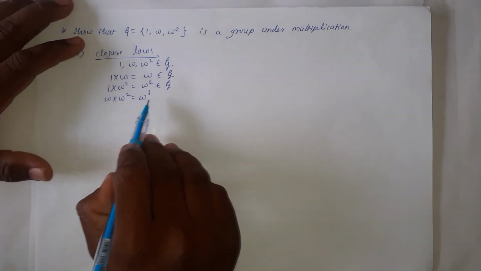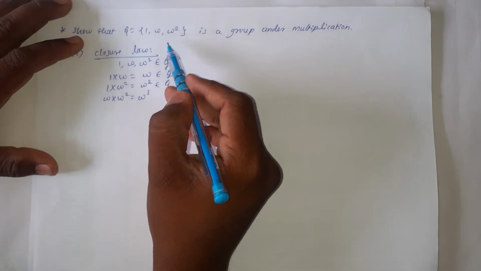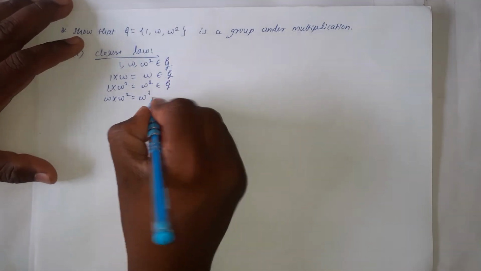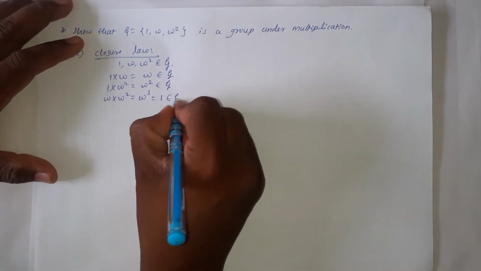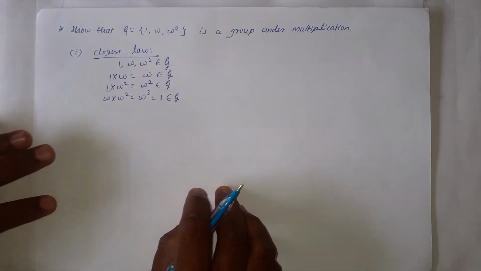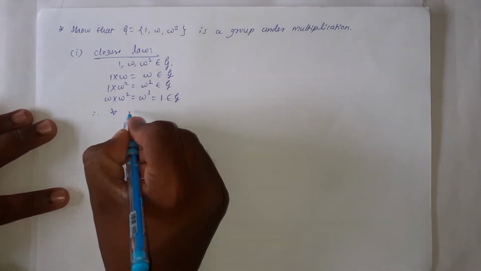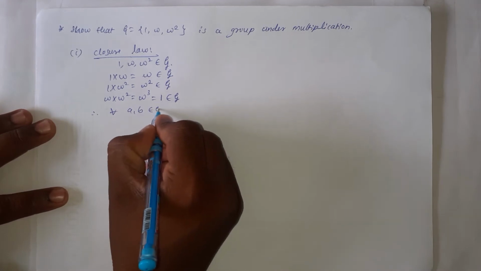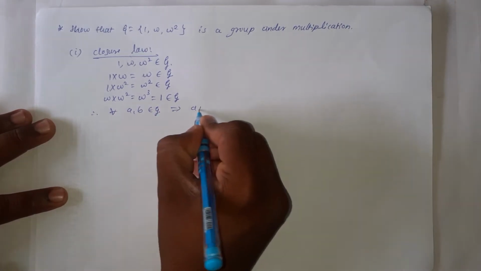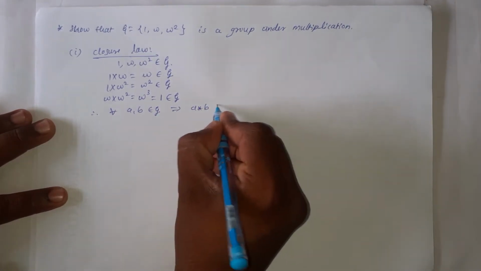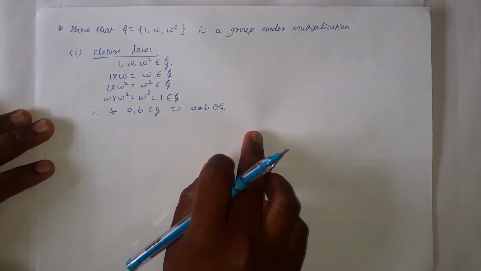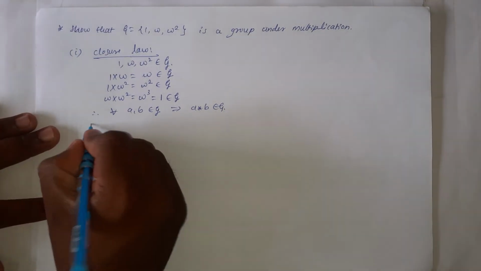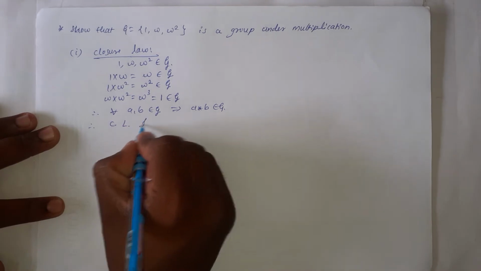But omega cube is not in the given set, though we know the value of omega cube is 1. Therefore this belongs to G. So for all a, b belongs to G, it implies a star b belongs to G. This is the condition for the closure law. Therefore closure law is satisfied for G under multiplication.